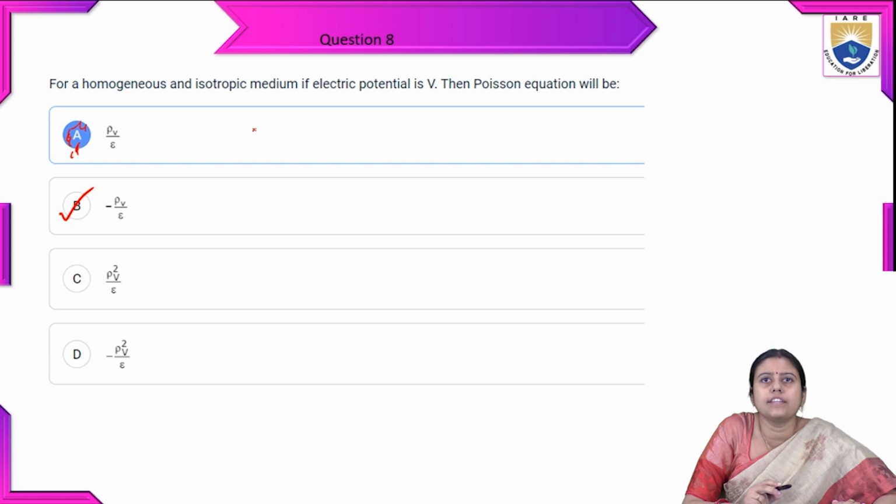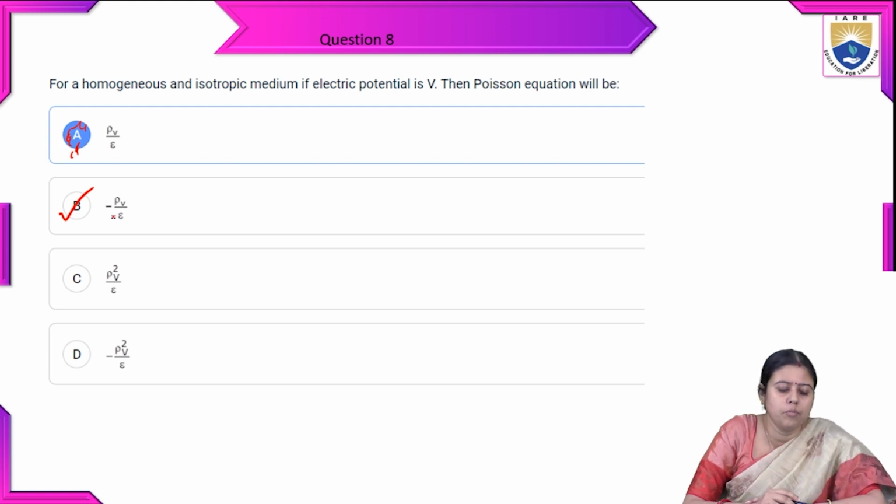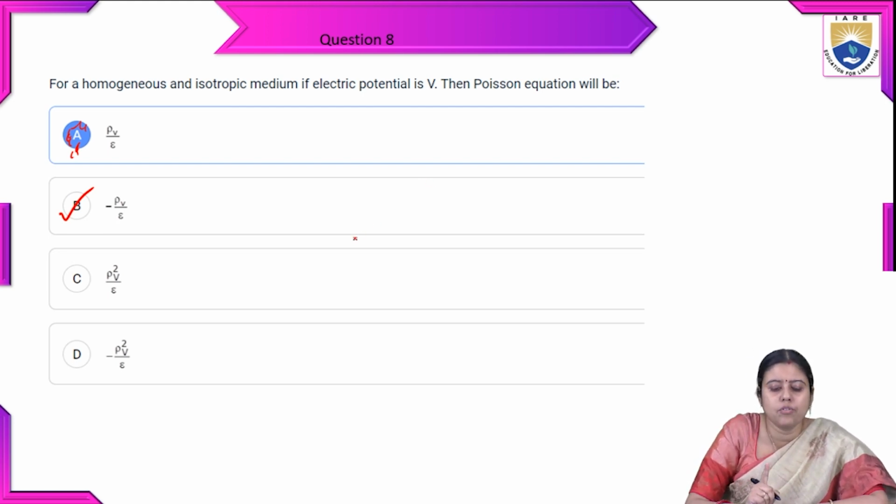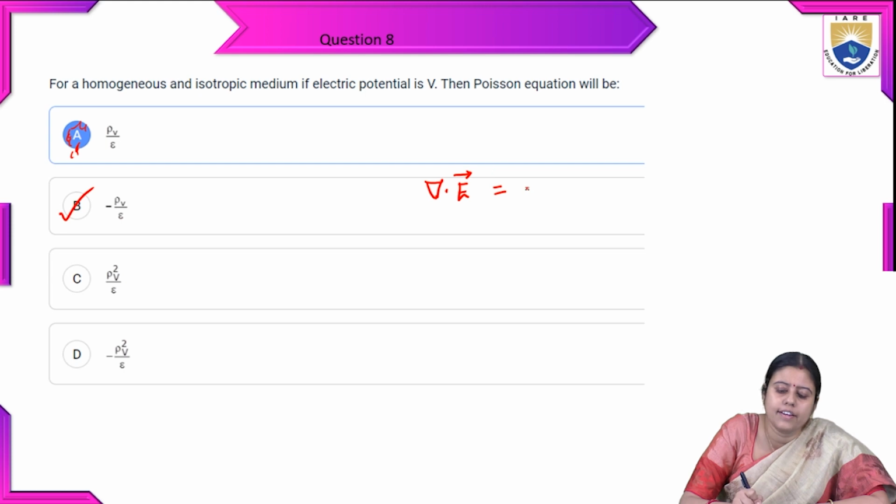For a homogeneous and isotropic medium, if the electric potential is V, the Poisson's equation will be minus rho V by epsilon. How can we prove this? From the Gauss law, we can write grad dot E is equal to rho V by epsilon.